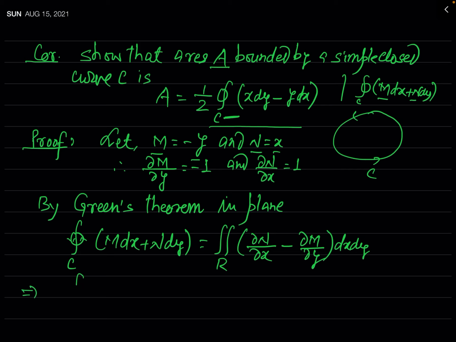The integral along C of M dx, but M is minus y, so minus y dx, plus N dy, but N is x, so plus x dy, equals the integral over the region R of del N by del x, which is 1, minus del M by del y, which is minus 1.